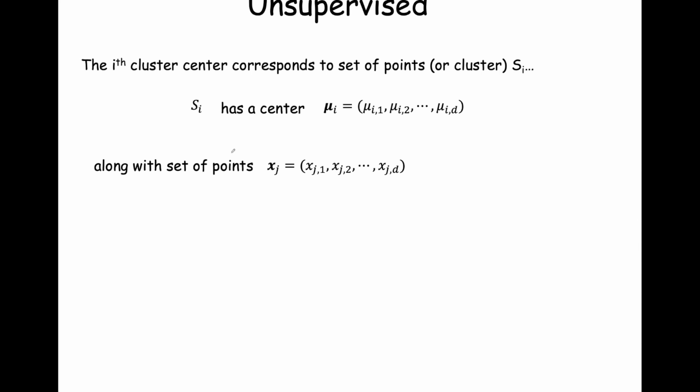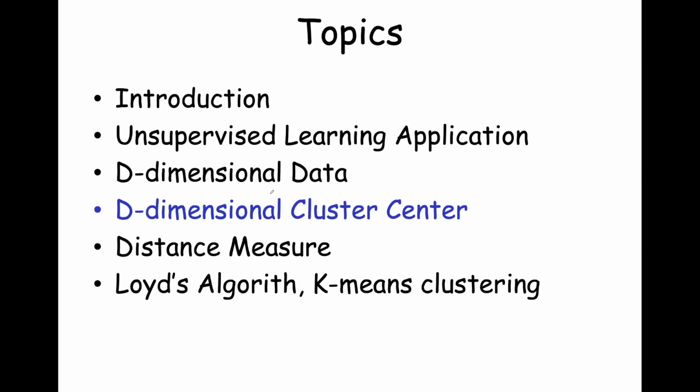And so we have S sub i has a center, mu sub i, in d dimensions. And then we also have our set of data points, xj. And those data points, xj, are distributed among all of the clusters that we have defined.